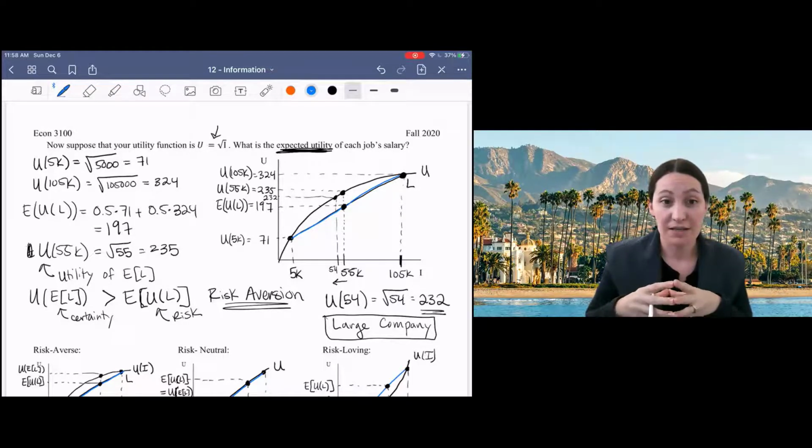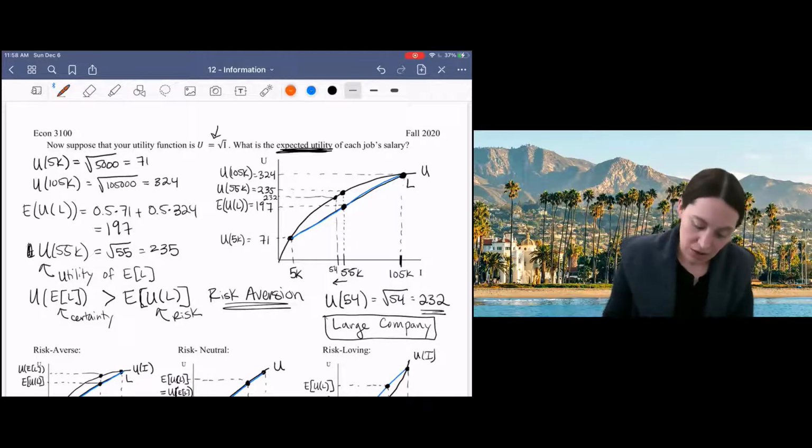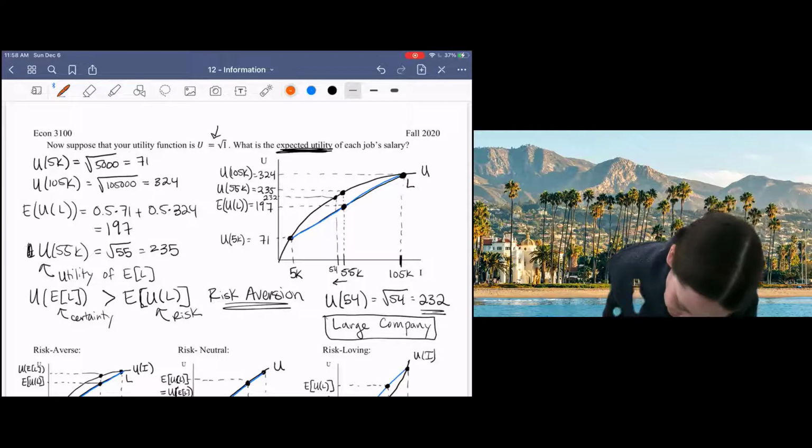How much does this individual value the risk that comes with the uncertainty of the startup job? And we can do that by looking at what we call the certainty equivalent. What amount of money with certainty is equivalent to the expected utility from the startup job, right? So you can see that here on our graph.